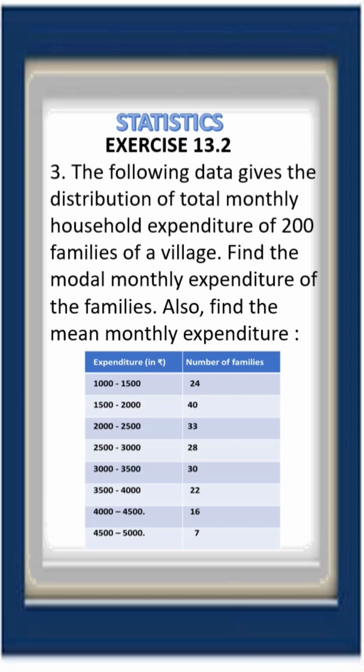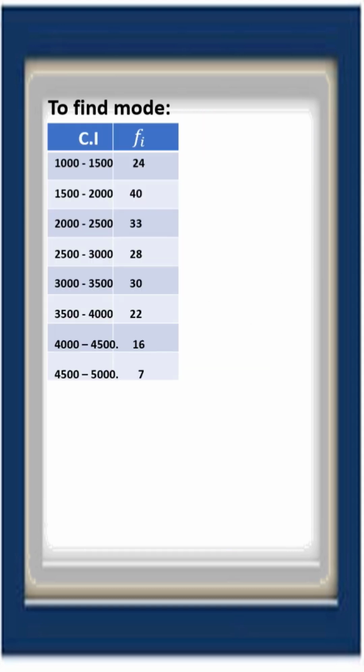Now let us solve question number 3. The following data gives the distribution of total monthly household expenditure of 200 families of a village. Find the modal monthly expenditure of the families. Also find the mean monthly expenditure. The table is given here. Now let us write the class interval in the first column and the frequency in the next column.